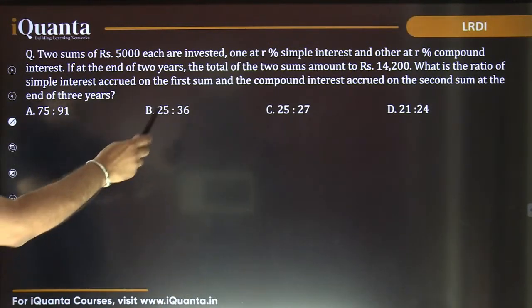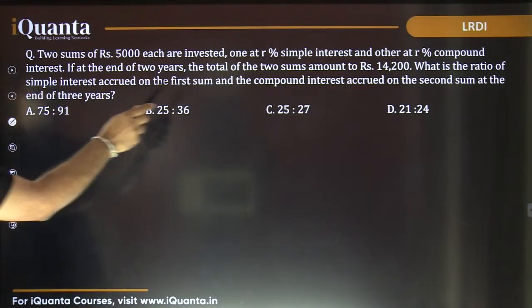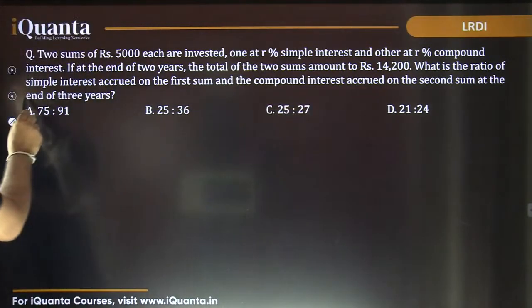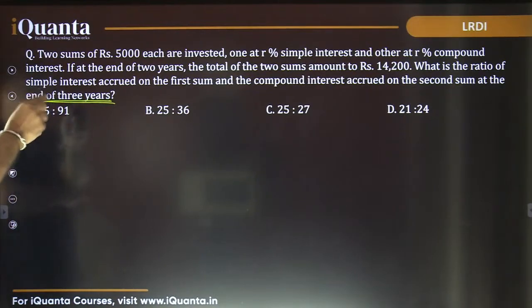Remember, it is asking about the ratio of the simple interest and the compound interest at the end of 3 years. Be careful about this part.